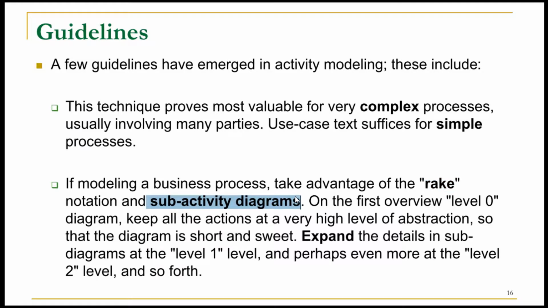This will help us reduce the complexity and understand the diagrams easily. On the first overview, a level 0 diagram can be created, and then, keeping on reviewing and reducing the complexity, we can expand the details in the sub-diagrams at level 1 and level 2 and so on.